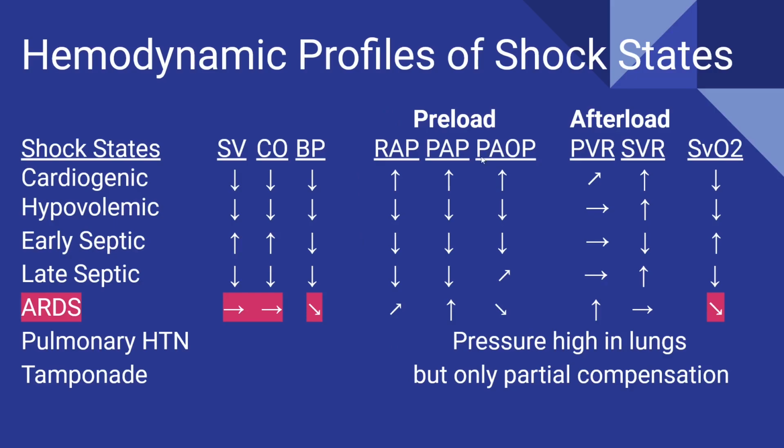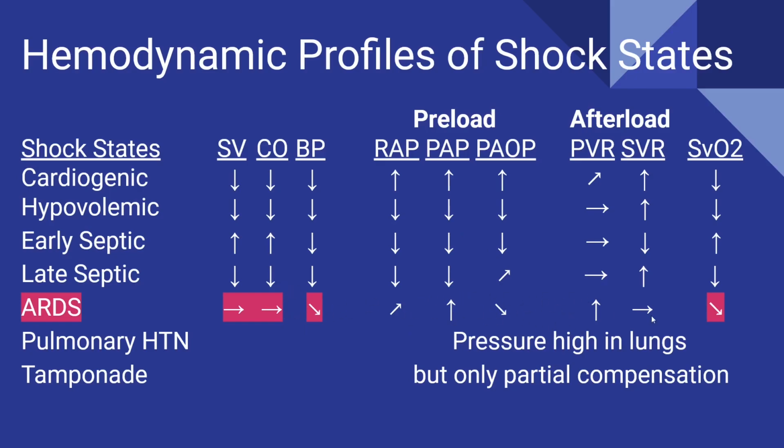But your left side of the heart is not going to have the blood flow from the right. Because there's so much pressure here, the left side of your heart can either receive adequate blood or not enough. And so what does this do? This results in a potentially lower blood pressure.